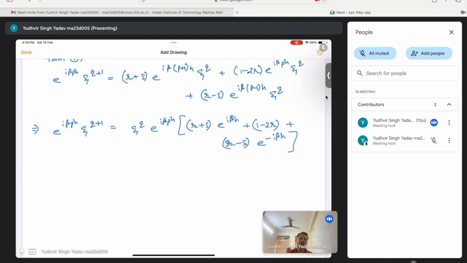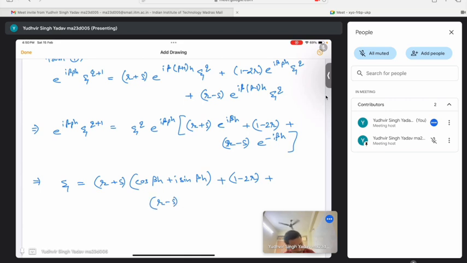Now cancelling out the common terms from both sides, we get the value for ξ: ξ is (r+s) multiplied by (cos βh + i sin βh) plus (1−2r) plus (r−s)(cos βh − i sin βh).